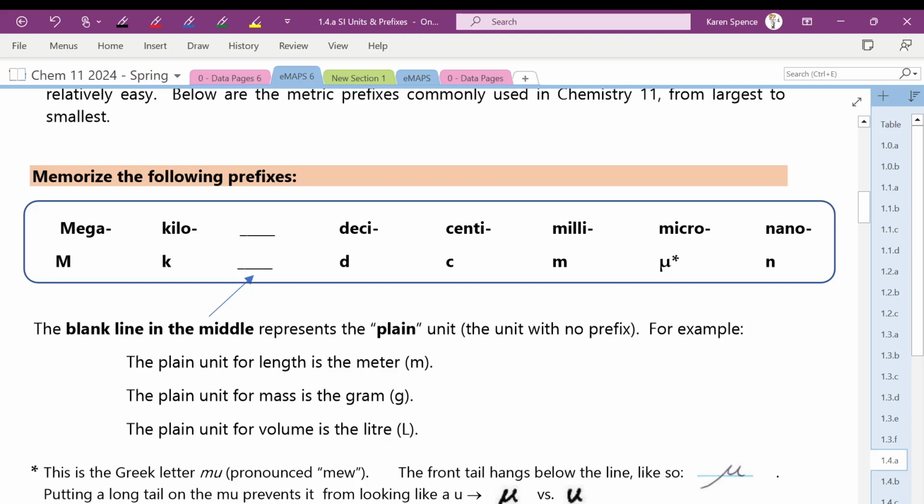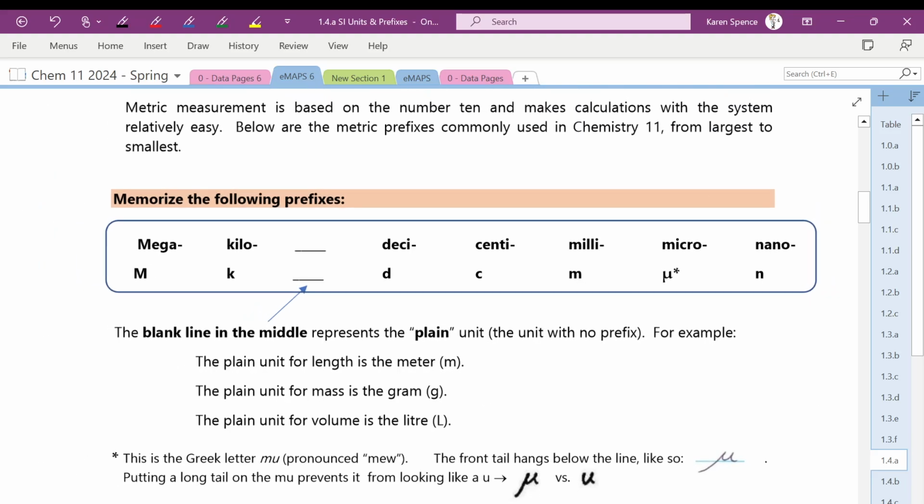You are also going to memorize the following prefixes. Take a look at them and see if you already know some of them. Hopefully you know centi, and milli, and maybe kilo.